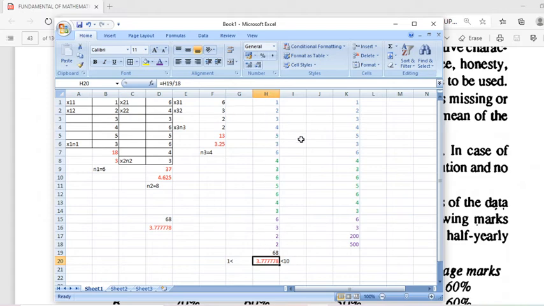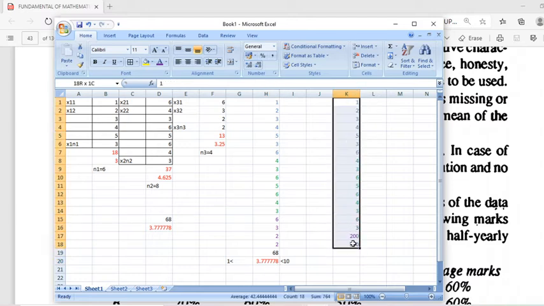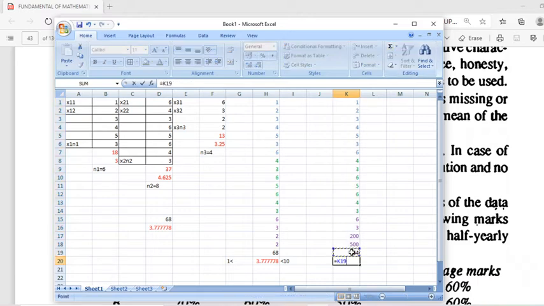Now suppose two observations are extreme, 200 and 500. What will be the mean? Let us take the sum, and then the mean. There are 18 observations. The mean is 42.